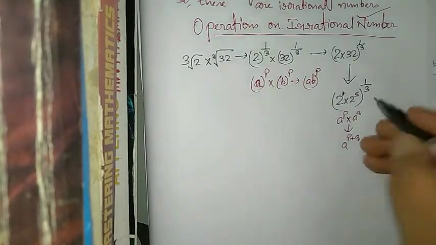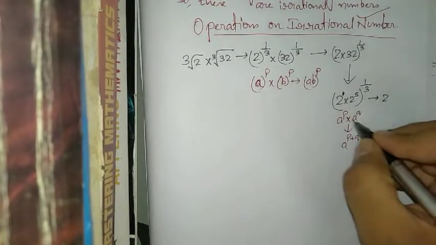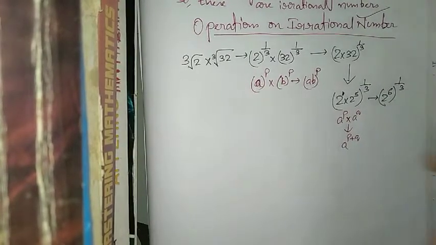So what will happen over here? 2 power p plus q: 5 plus 1 gives you 6, and the overall power is 1 by 3.